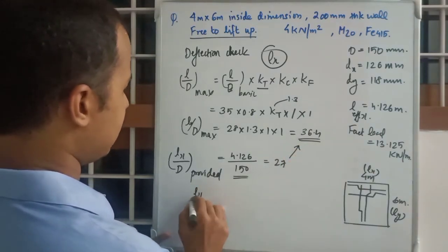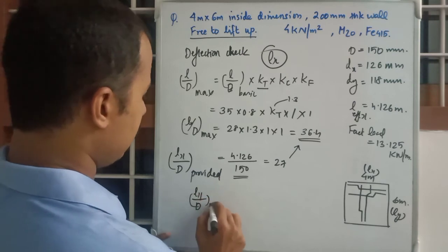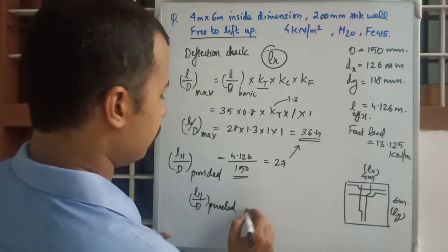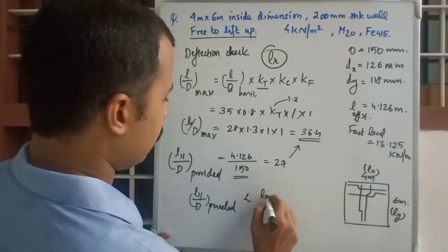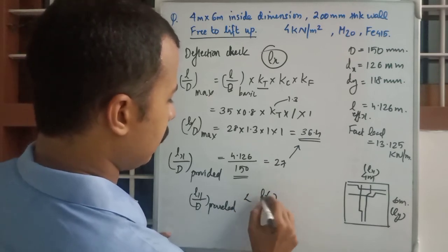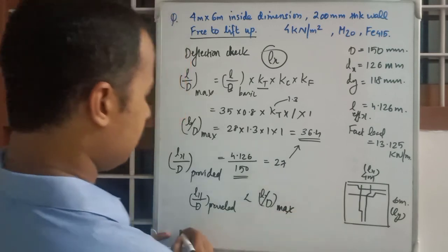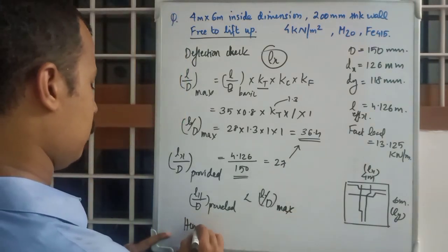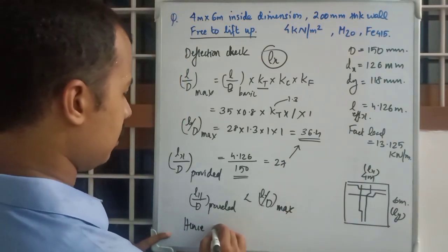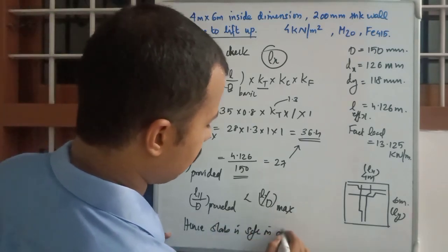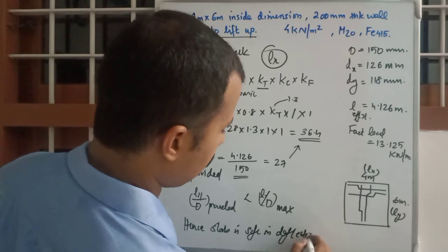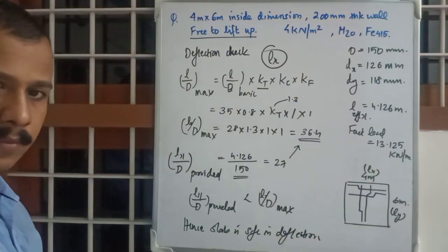So Lx by D provided is less than L by D maximum, hence slab is safe in deflection. Okay, right.